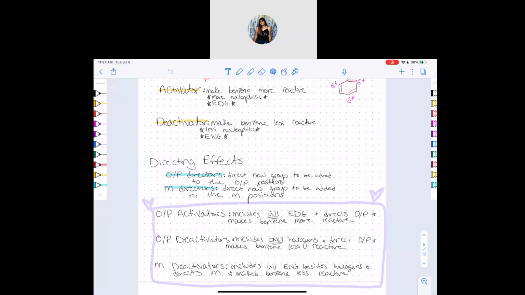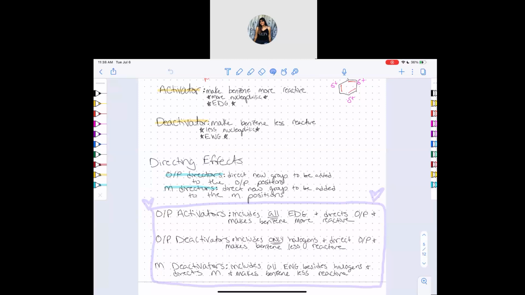So what we did last time is we talked about activators versus deactivators. We know that activators are electron donating groups, and they make benzene more reactive. We also know that deactivators make benzene rings less reactive, and those are going to be our electron withdrawing groups. We also talked about directing effects.